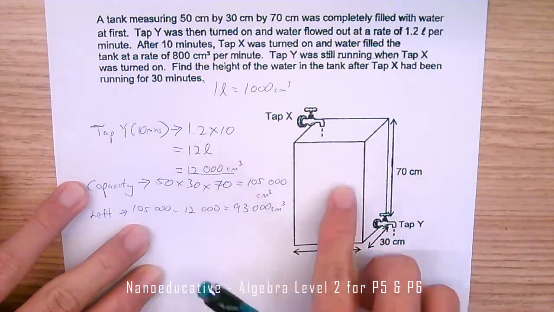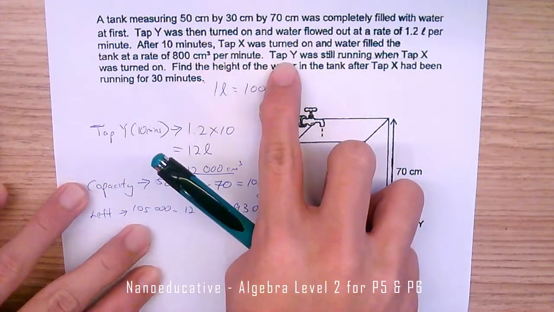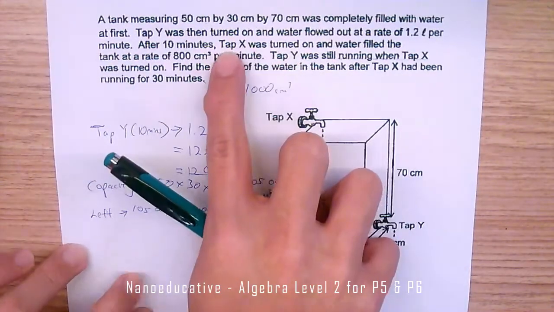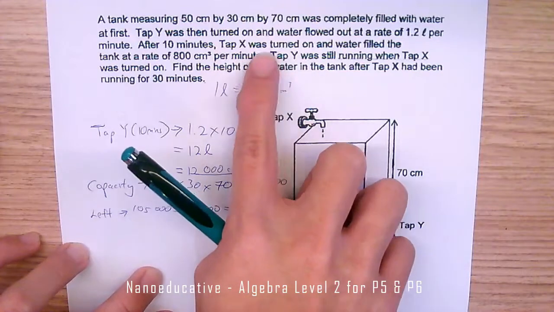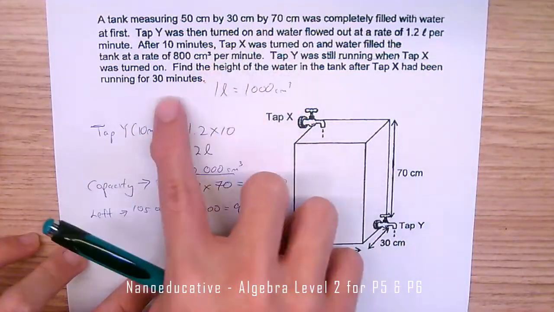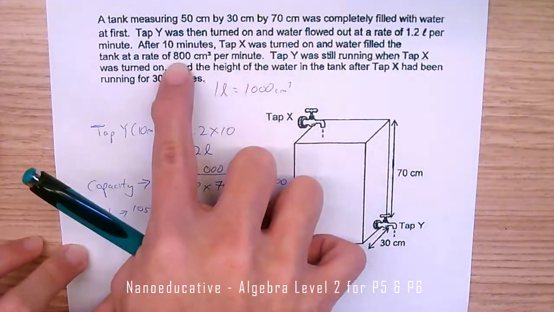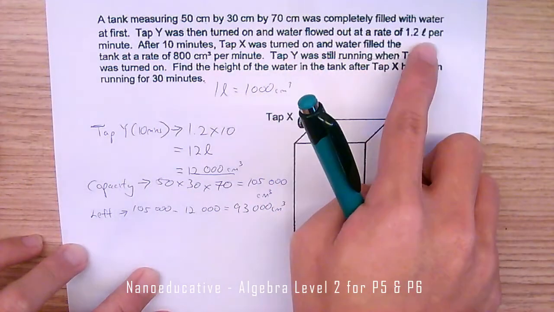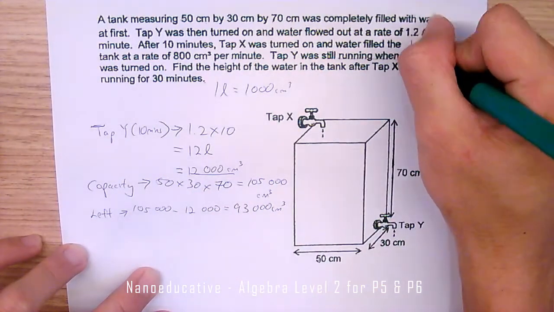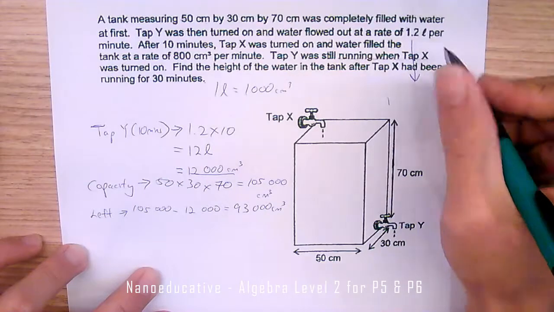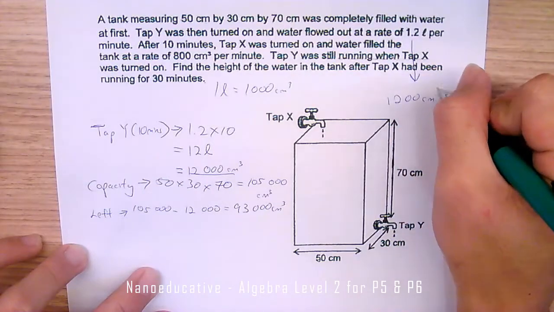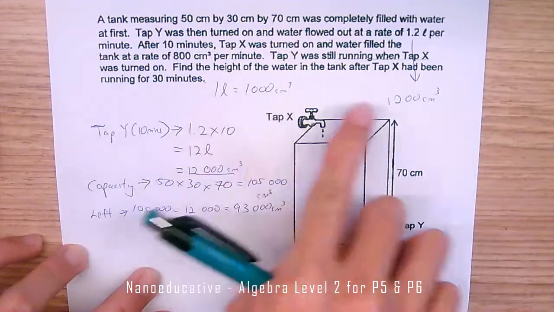Then they said that simultaneously tap X was turned on while tap Y was still running. So which one has a greater water flow? They said X is 800 cm³ of water, Y is 1.2 liters of water, and we know that 1.2 liters is 1200 cm³, according to the formula that I've already taught you.